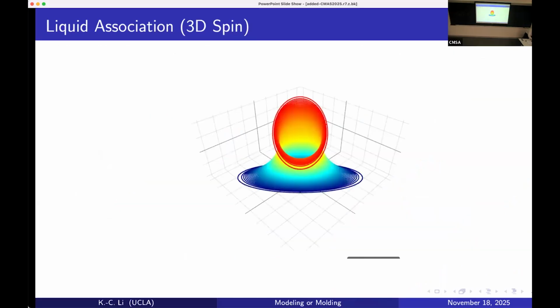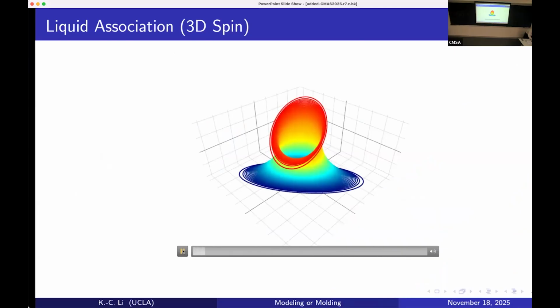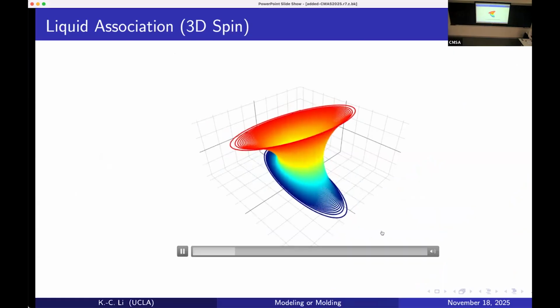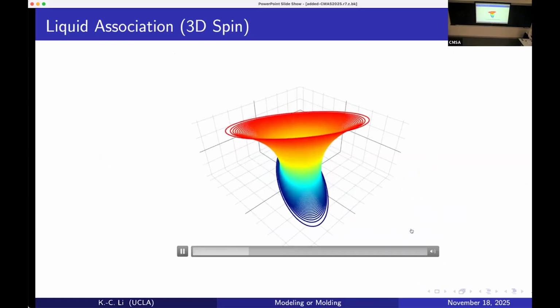This is another angle. You can see it. All right. Similar.